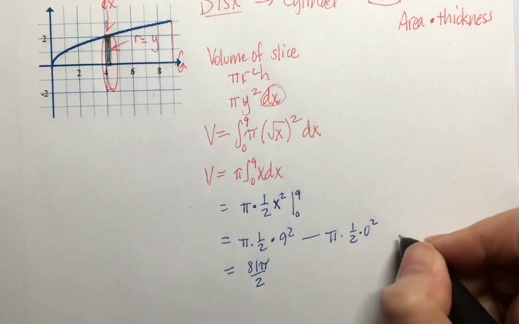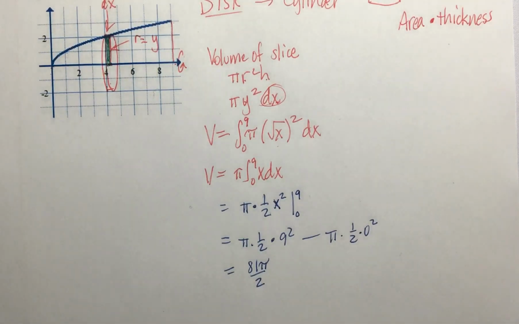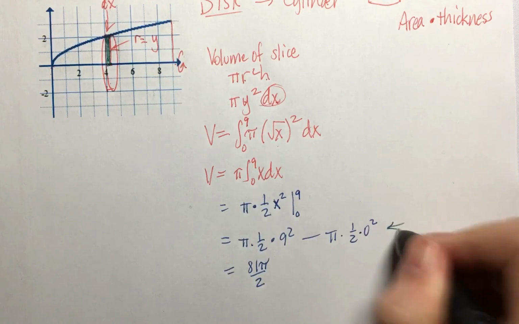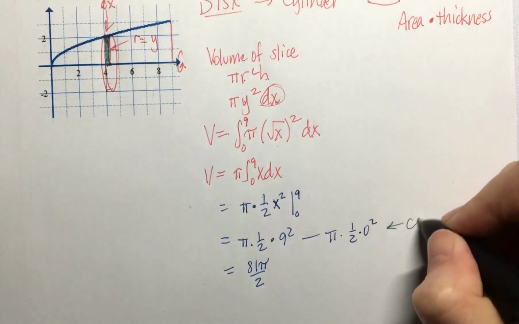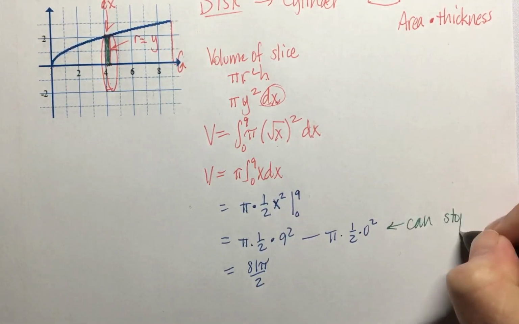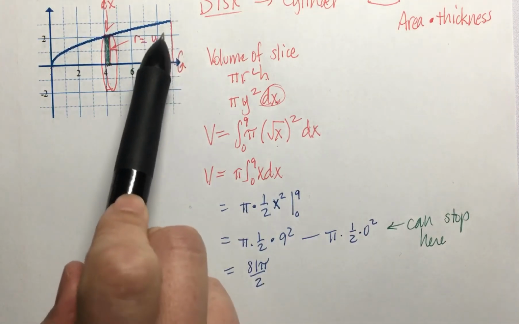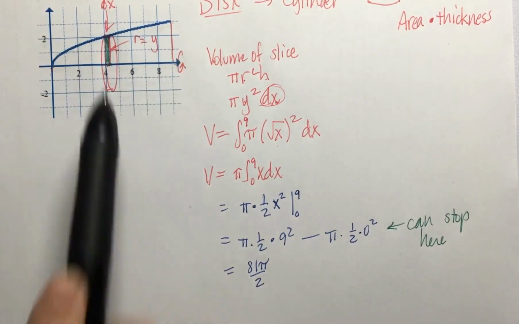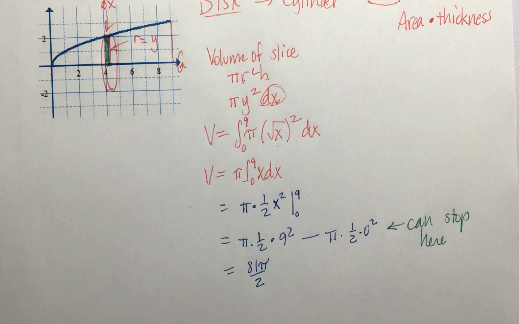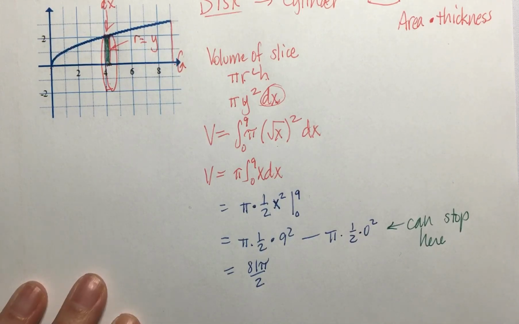Remember, it's totally fine to stop here, because once you're at this point, it's an arithmetic thing, not a calculus thing. So we get 81 pi over 2. That's the exact volume of that funky little gumdrop region. This is our very first example, and from here it's going to get weirder. So stay tuned.